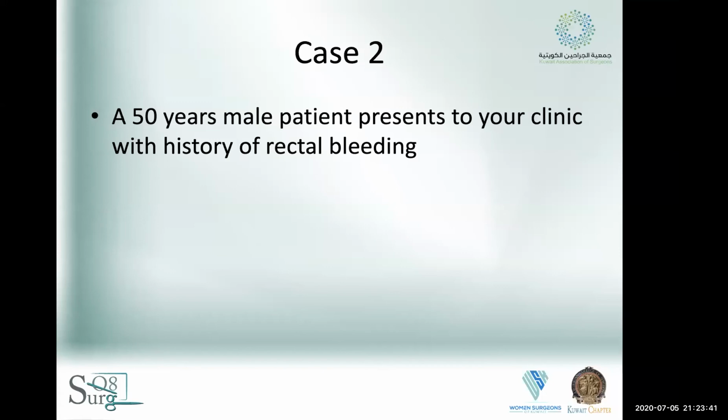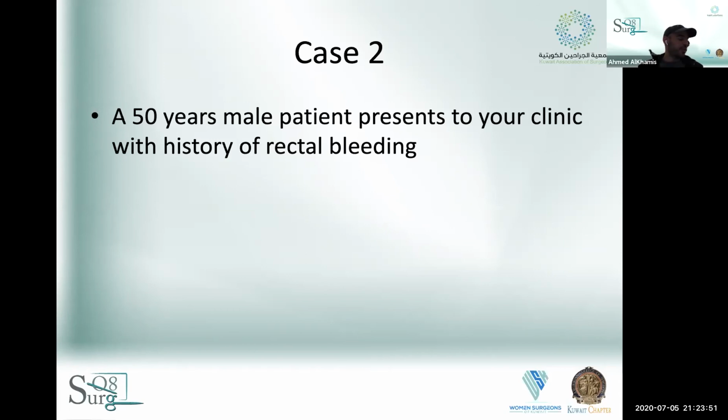Okay, and then proceed with the local examination of the PR area. So you examine him, abdomen is okay. You are in the clinic, huh? So no labs, abdomen is okay. You do a digital rectal exam, nothing really. Then you do an anoscope, you find some hemorrhoids. And then the patient now remembers he actually had a colonoscopy.